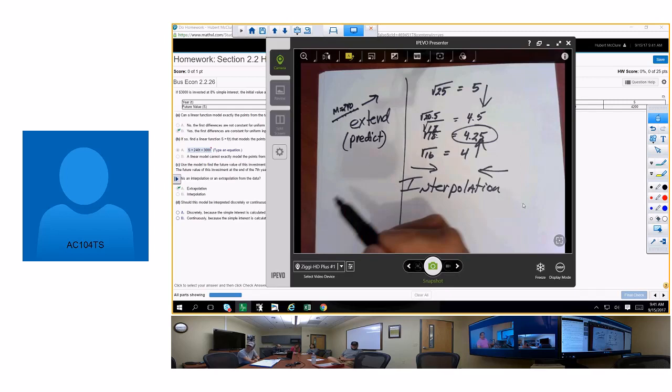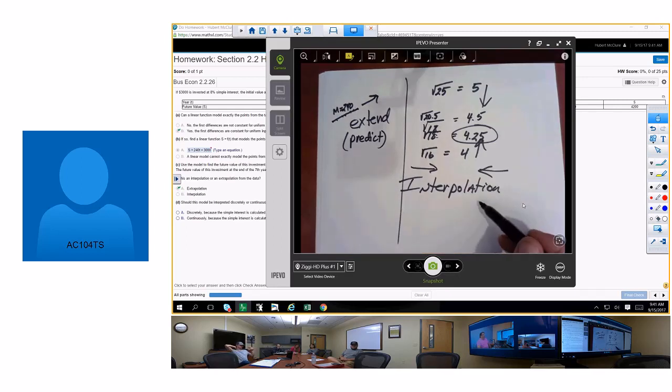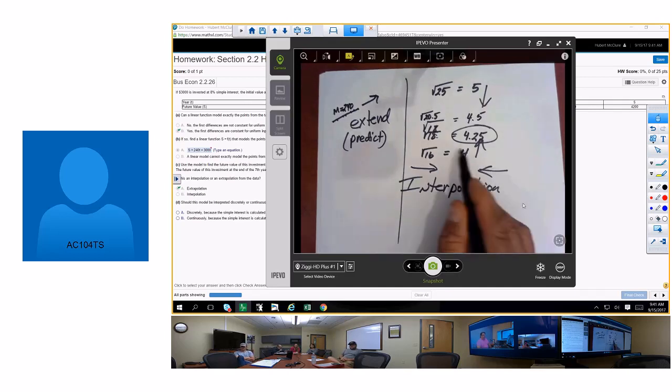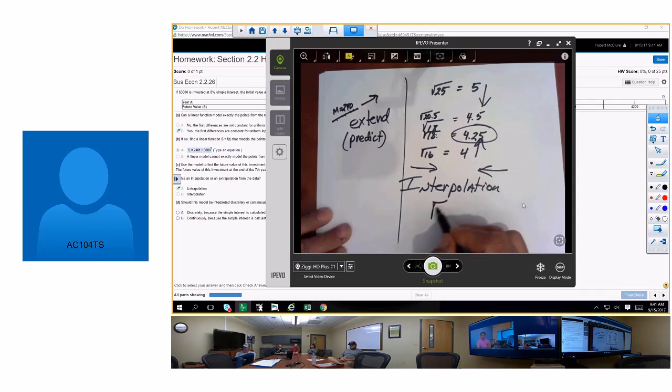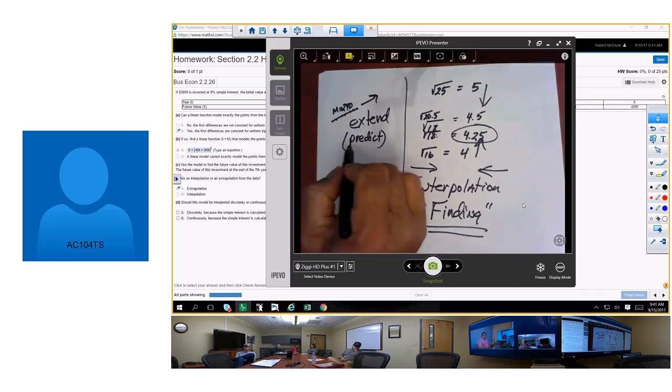Extrapolation predicts, where interpolation pretty much finds. You don't predict what the square root is. Is the square root of 18 going to be the same now as it is 20 years from now? Yes, it'll be the same. You're not predicting anything with the square root. With interpolation, you're finding. For extrapolation, you're predicting.